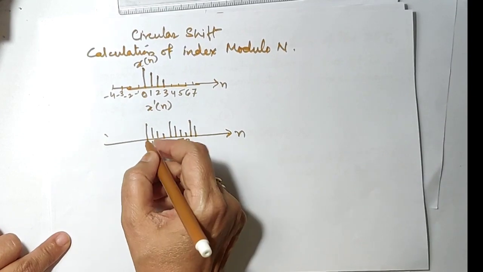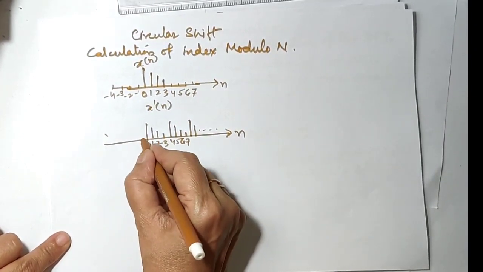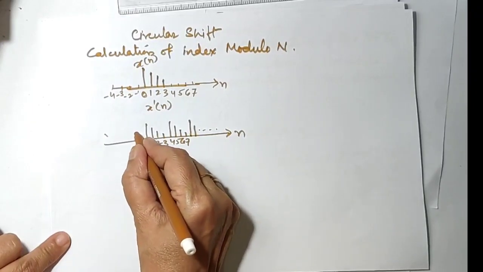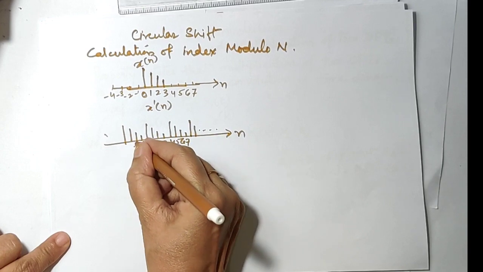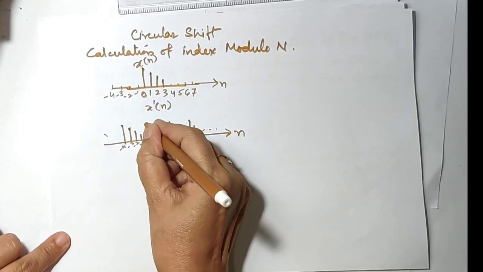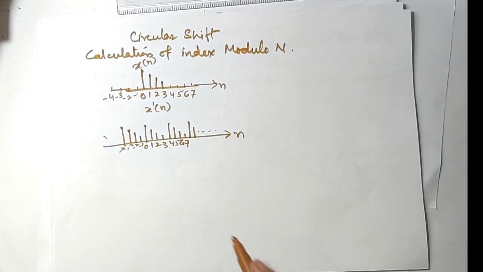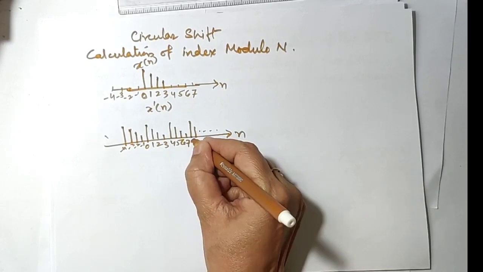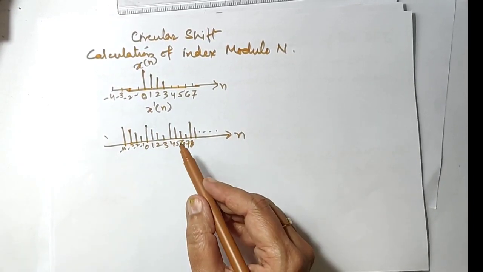Similarly on the negative side, minus 1, minus 2, minus 3, minus 4. So this is x dash n.